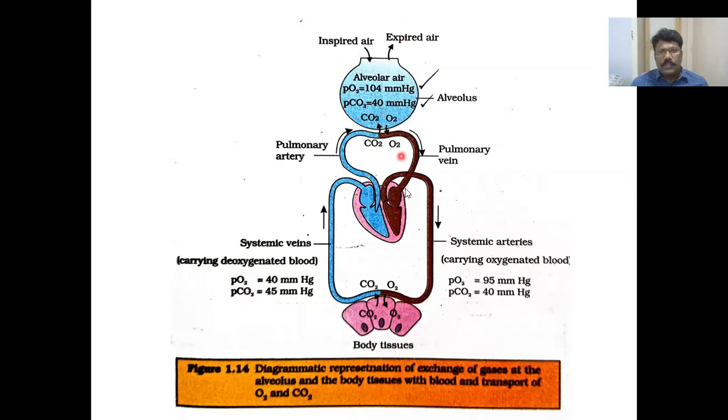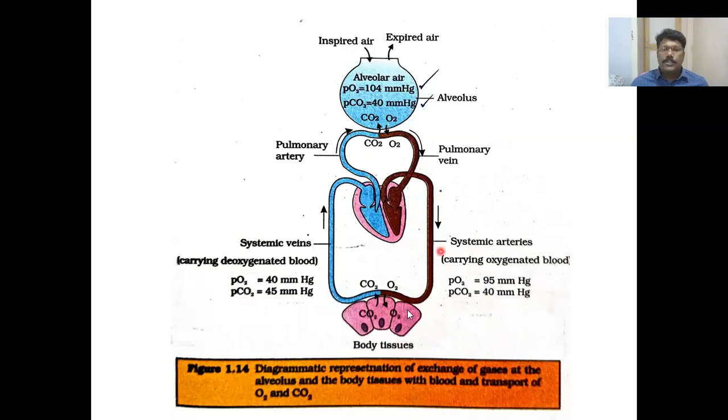Now this pulmonary vein is taken to the heart, and through the systemic arteries, the oxygenated blood will be distributed to the tissues. During this process, the partial pressure of the oxygen is 95, whereas the partial pressure of carbon dioxide is 40.